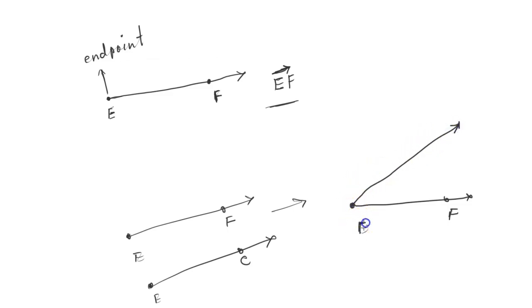So this is still E, and then you have another letter here, for example C, and this becomes an angle. You can see that there is some rotation from the starting ray.